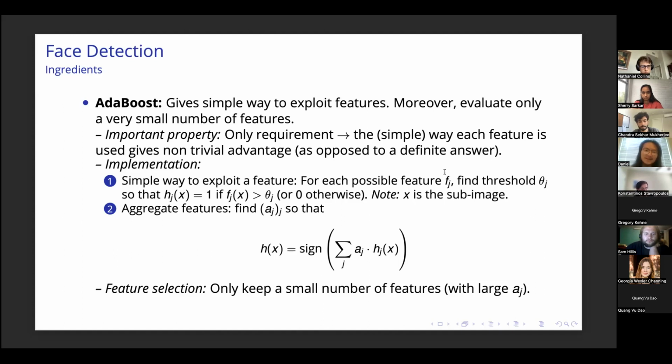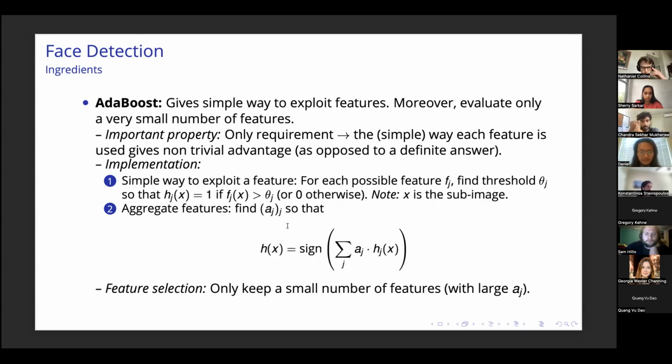If we have an algorithm that has a very small advantage, then this AdaBoost algorithm can boost it in a clever way to come up with a strong algorithm, one that will say with confidence whether this image is a face or not.